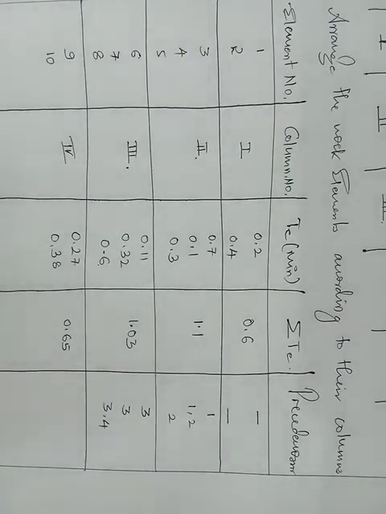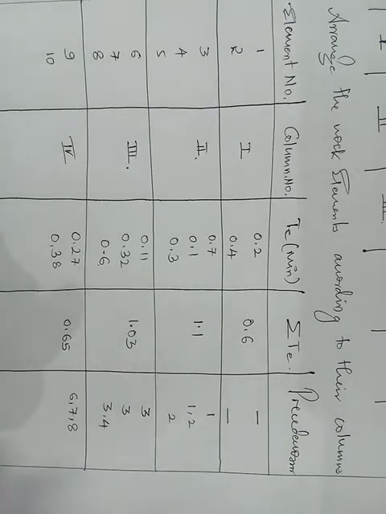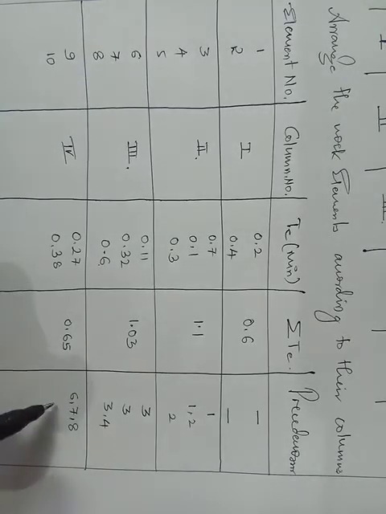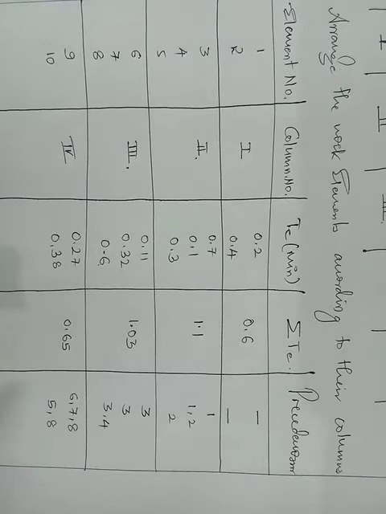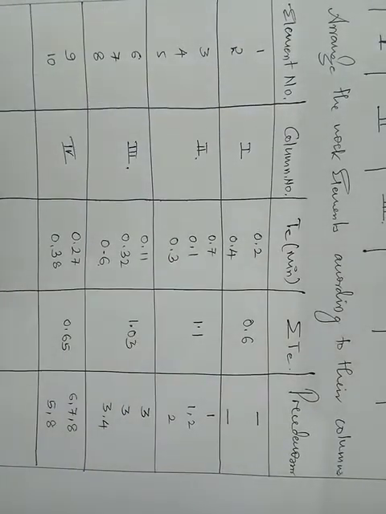For the immediate precedences, just check out what is the immediate precedence for 9. For 9 it is 6, 7, 8, and for 10 it is 5, 8. Okay, very important to write this column. Its importance you will get to know later when I will be allocating workstations.